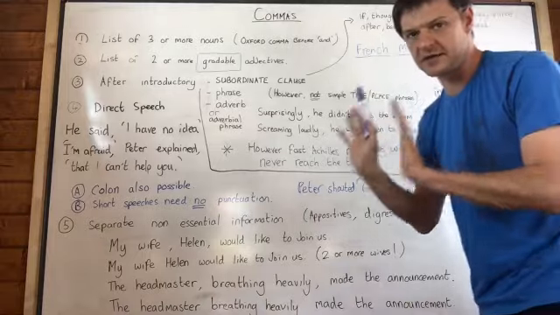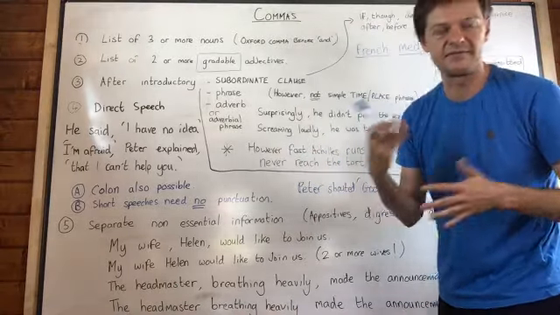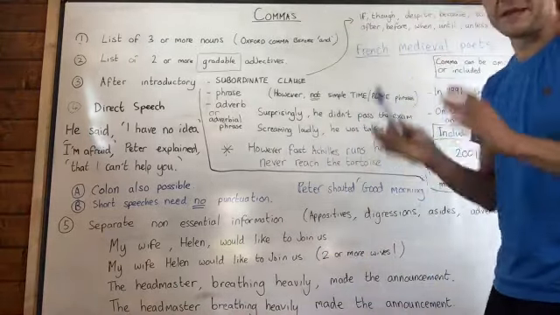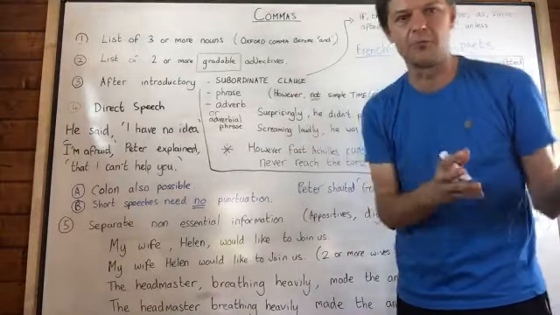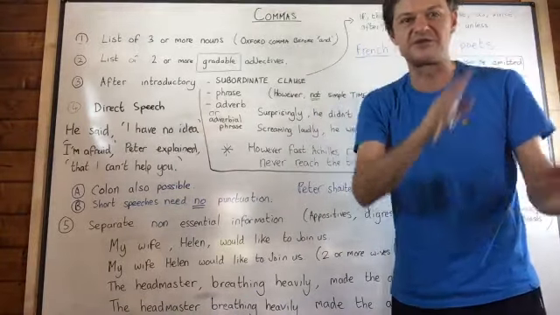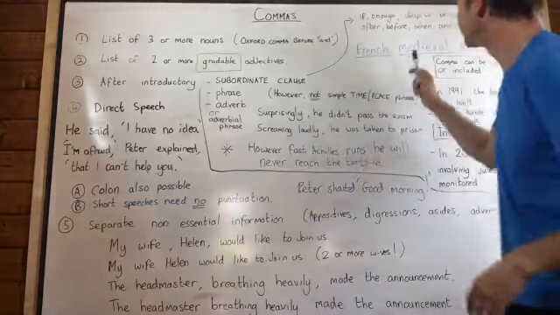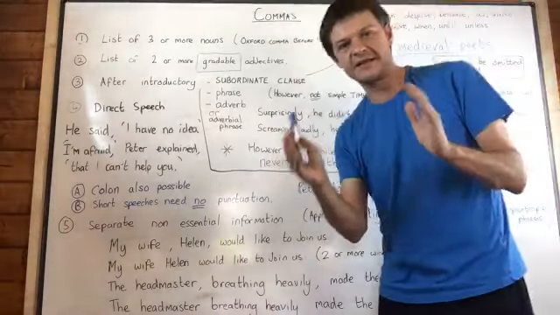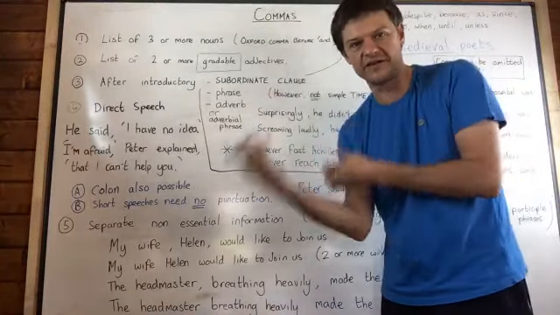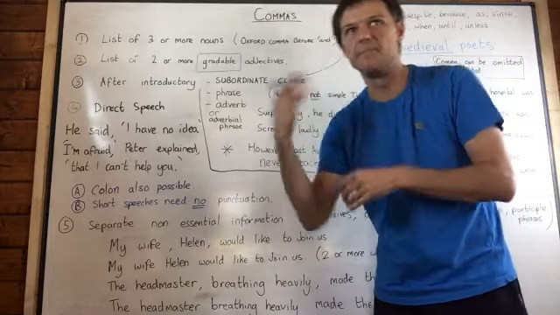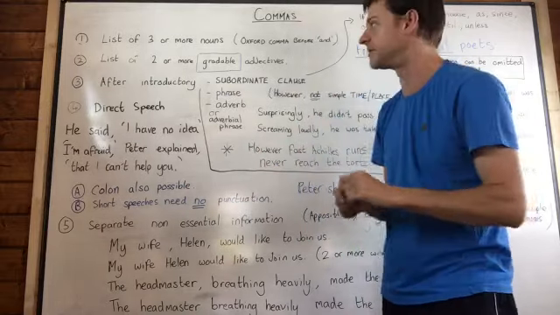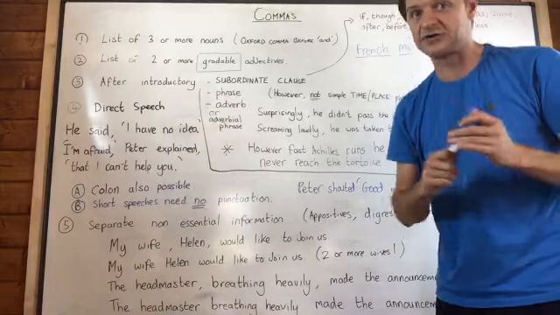We might use it like that occasionally in an informal way, but generally speaking, French is French. You can't be more French than another person. You're either French or you're not French. And the same with medieval. The noun is either medieval or it's not medieval. You can't get more medieval or less medieval, whereas you can with some adjectives.